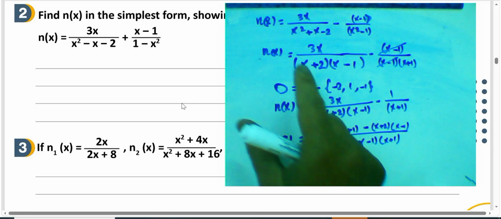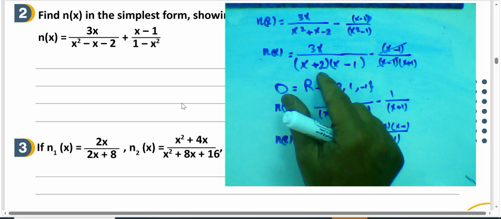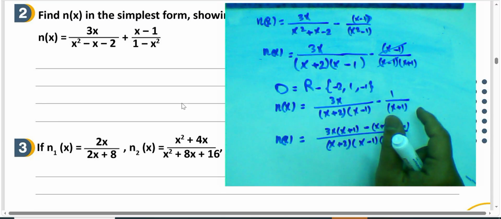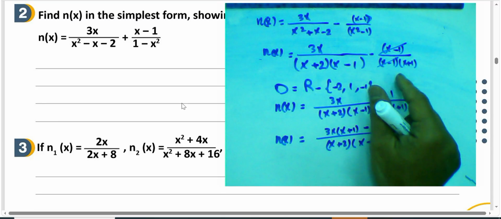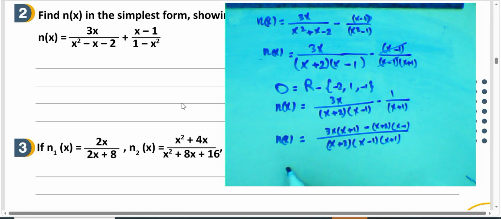Okay, review again. x power 2 plus x minus 2. We have here exactly the domain, and we have x minus 2 and down x minus 1, x plus 2. Okay, you can complete with me here to understand how to simplify.